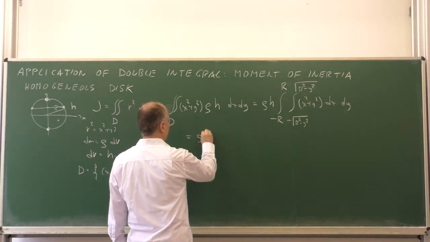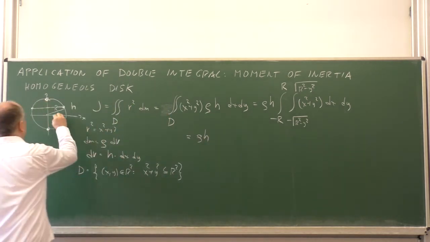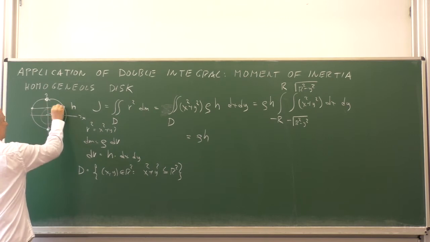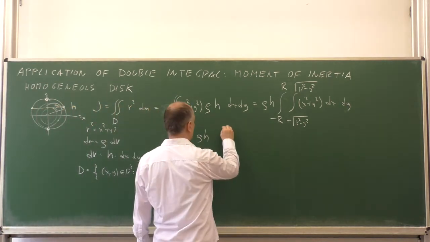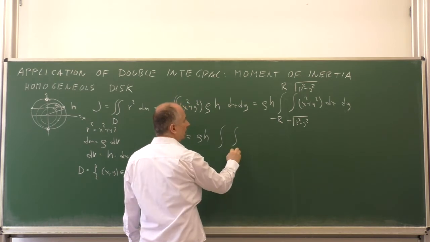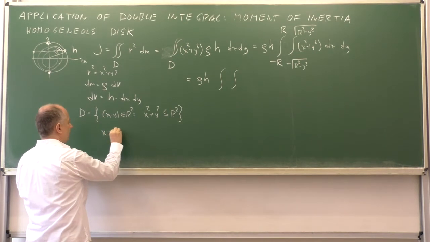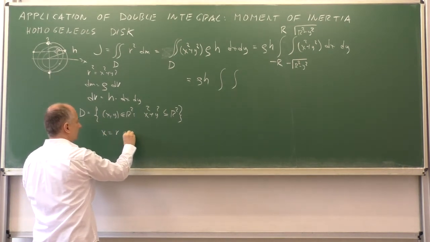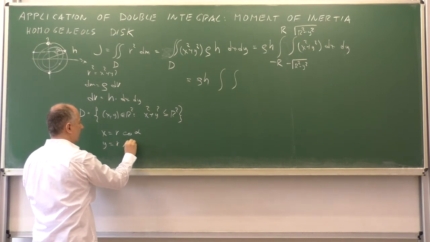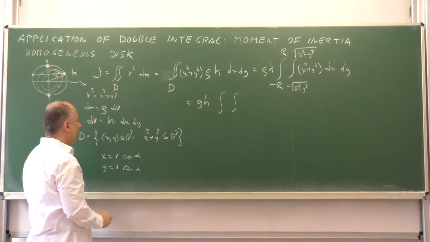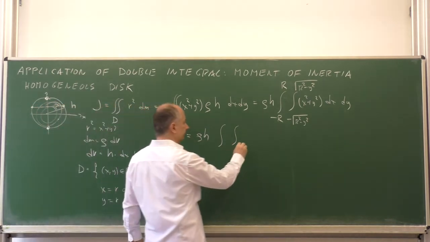So rho and h are constants, and in polar coordinates we do it this way. If we use x is r cosine of alpha, y is r sine of alpha, then x squared plus y squared is r squared.